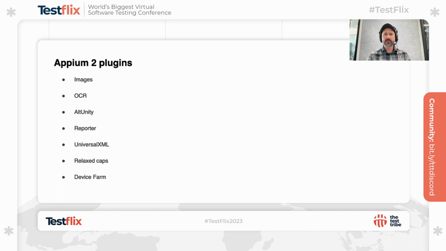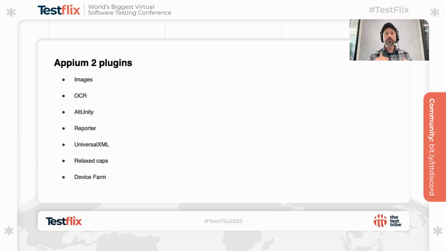We have the Images plugin, which gives you the ability to look for things on a screen based on an image instead of based on some kind of UI element hierarchy. So if you know what something looks like and you want to figure out where on the screen it is, you can use the Images plugin to do that.